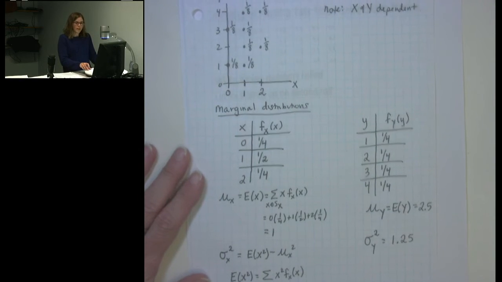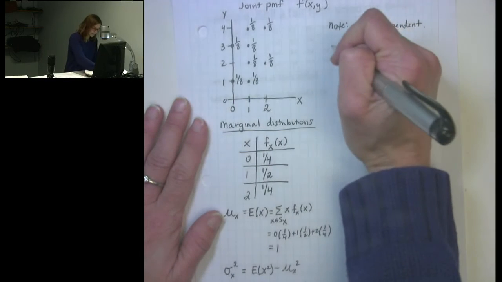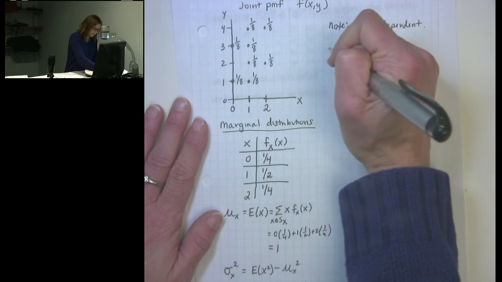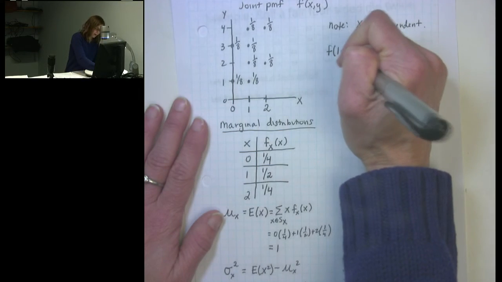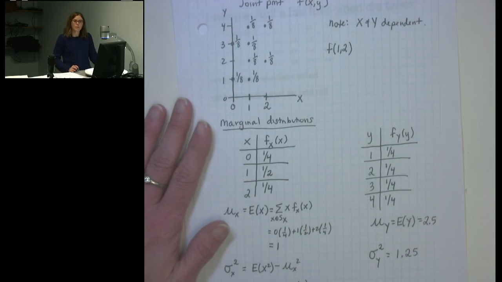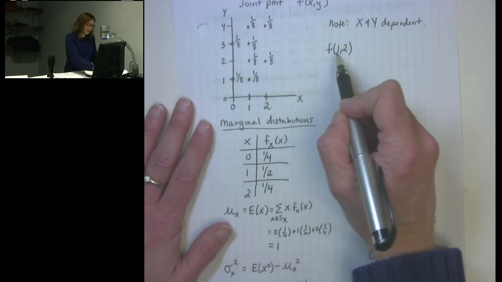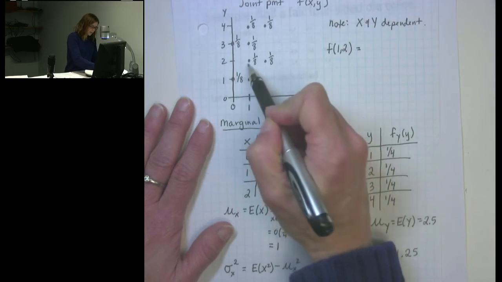Now, one thing I'd like to point out is that if we look at the point x equal to 1 and y equal to 2, and we look at the joint probability that x is equal to 1 and y is equal to 2, 1, 2, that's 1/8.